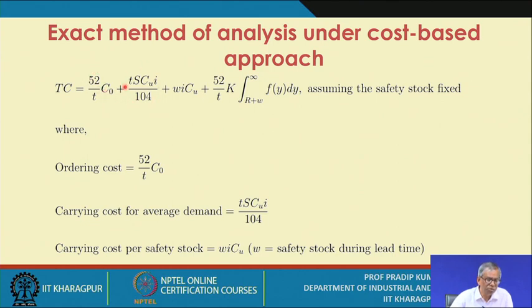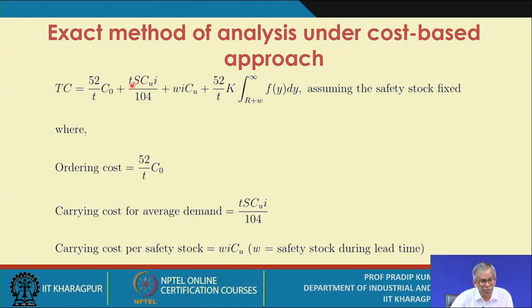Now the next one is the inventory carrying cost for the average inventory. Here the T S by 52 is your maximum inventory, and the average inventory is half of that. So this is essentially 2 into 52, that means 104.